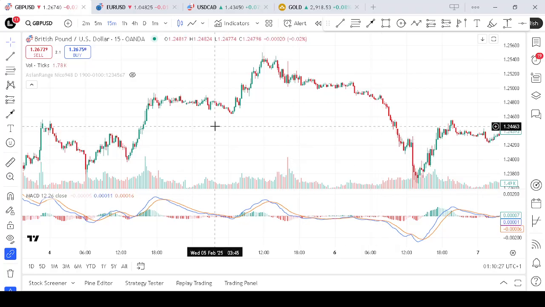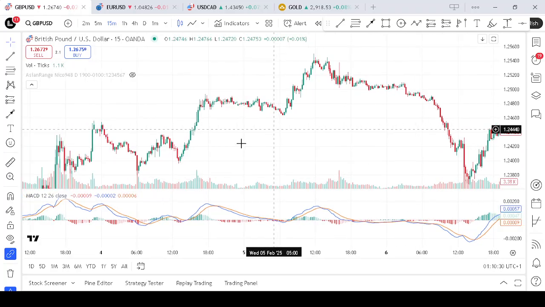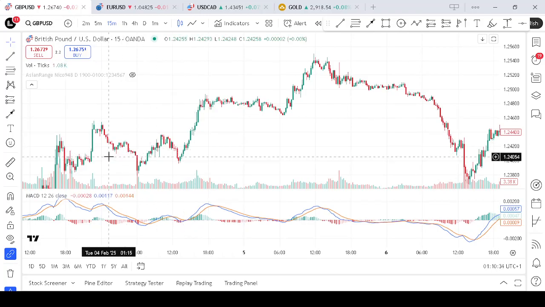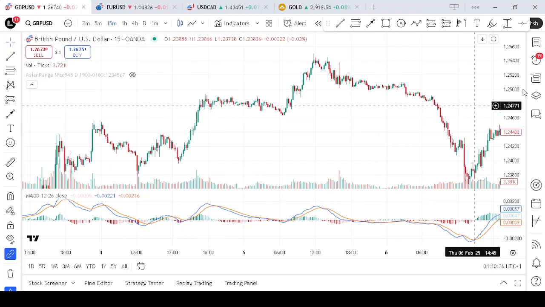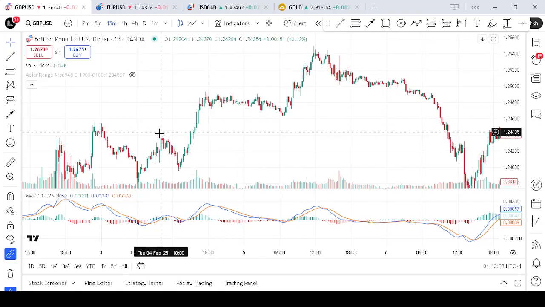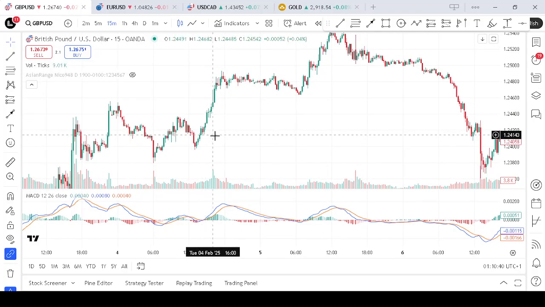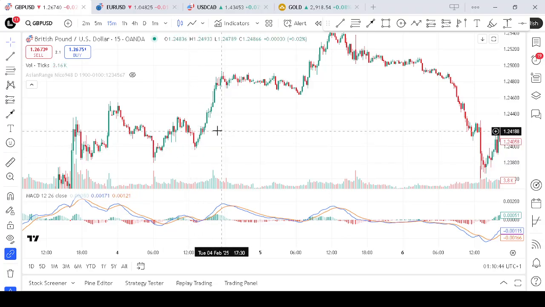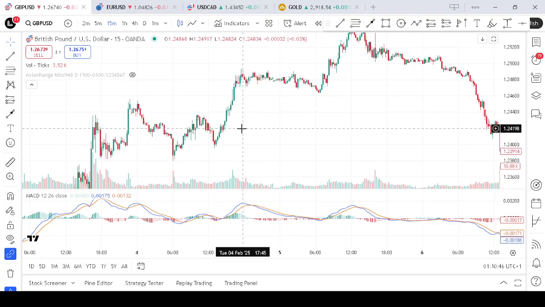In today's video, we are going to be talking about the MACD reversal strategy, a powerful approach that can enhance your trading performance. The MACD indicator is widely used for identifying potential trend reversals, and understanding how to effectively utilize it will give you a significant edge in the market.